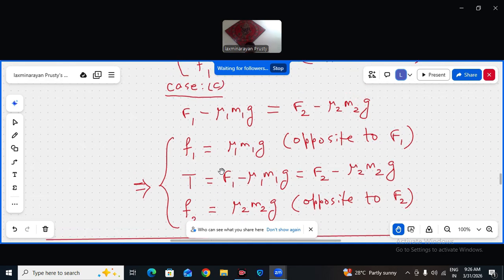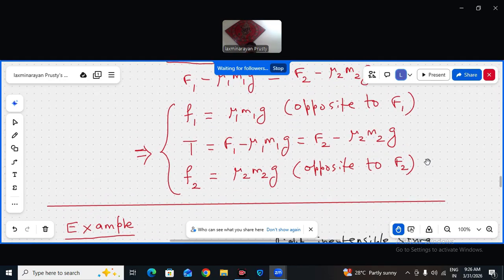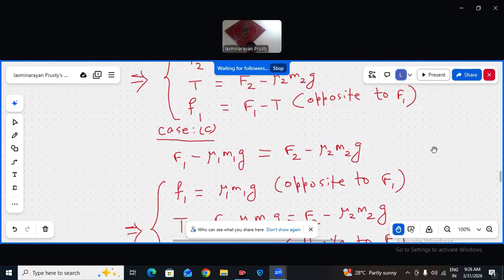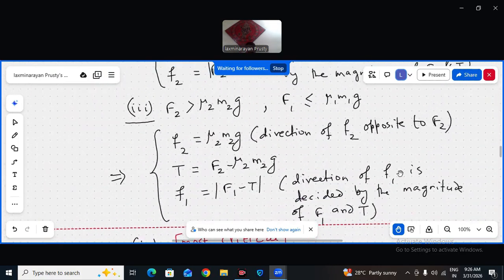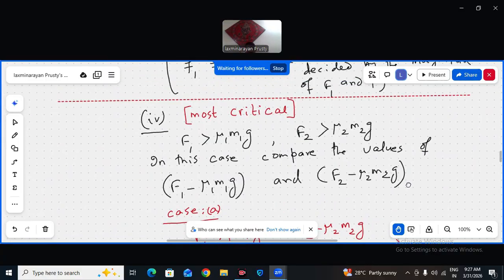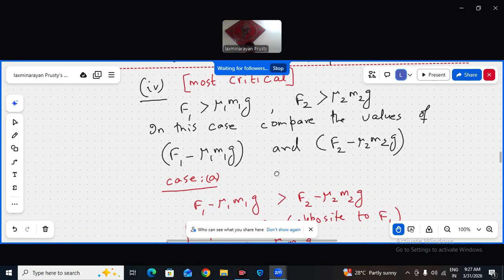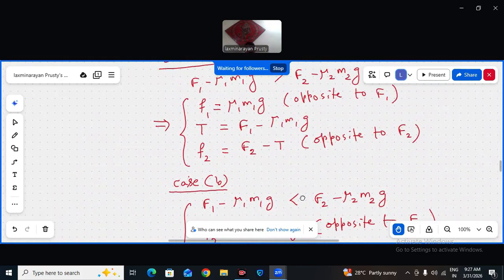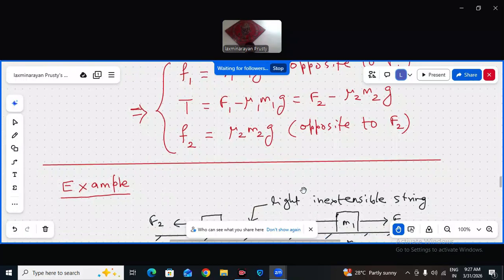And T, since these are equal, will be F1 minus mu1 m1g or F2 minus mu2 m2g, either one. So these are all the cases considered: the last case, case 2, subcase 4, and under subcase 4, cases A, B, C. These are very, very important.